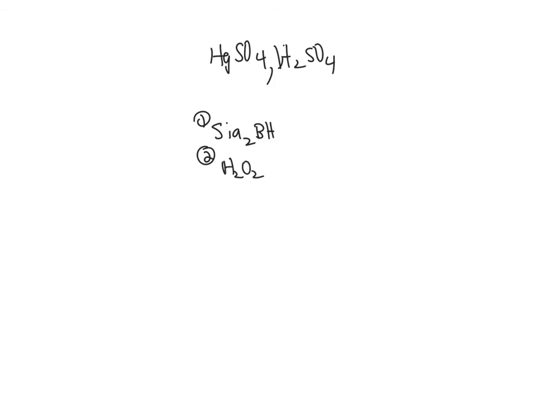Okay, and the last grouping together, let's just look at these reagents here. So we've got mercury sulfate and sulfuric acid, H2SO4, or we have this one, which is Sia2BH borane, and then you treat that with hydrogen peroxide in a basic solution.